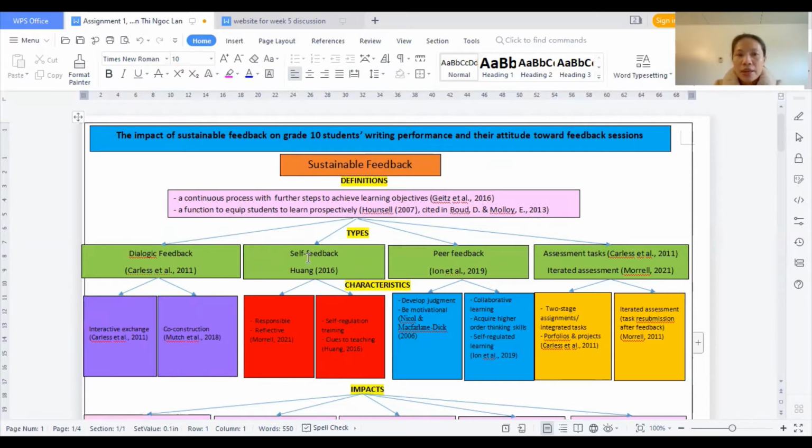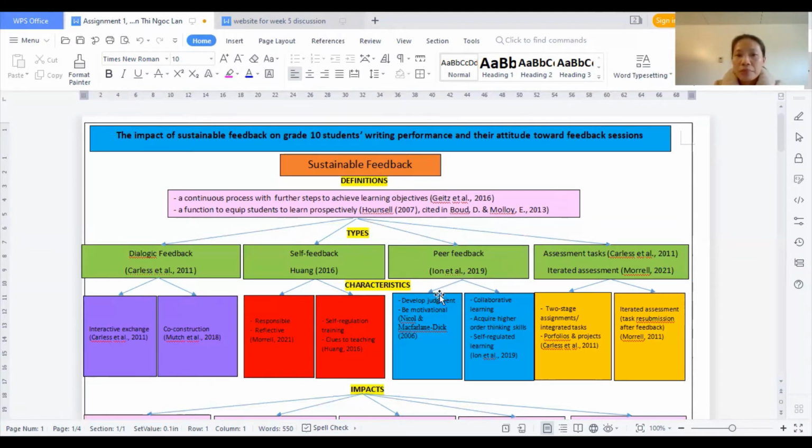And the second type of sustainable feedback is self-feedback. According to Morrell 2021, this kind of sustainable feedback can help students be more responsible as well as reflective about their learning. And it is also training for students' self-regulation and gives clues to teachers to adjust their teaching, according to Hunt 2016.